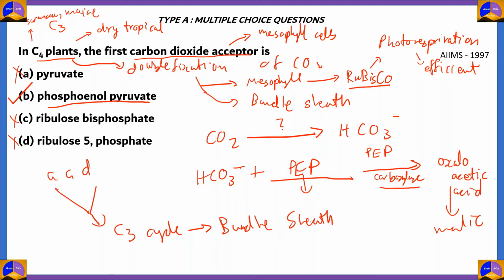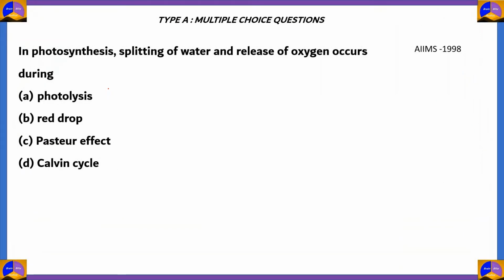And so one of the fixations happens there, but there's another carbon dioxide fixation which happens in the mesophyll. So therefore, the only option here that is the first carbon dioxide acceptor is phosphoenol pyruvate. And after analyzing the processes inside the mesophyll, we find out that phosphoenol pyruvate, which is referred to as PEP, is the right option. So in C4 plants, phosphoenol pyruvate is the first carbon dioxide acceptor, and that is option B. Let's move on to the next question.